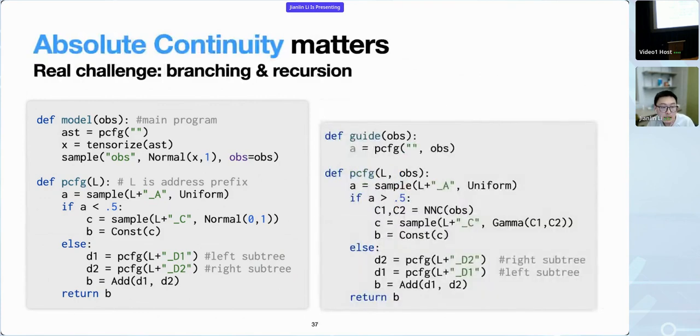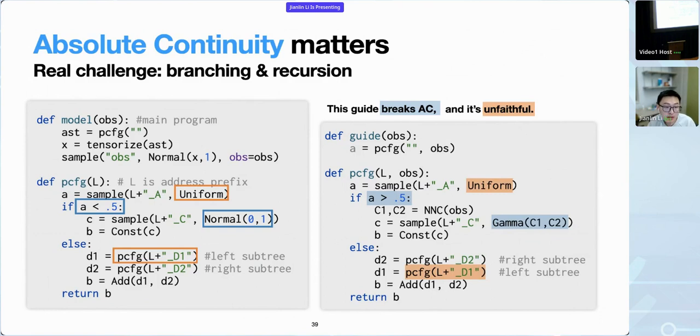For example, this is an unsound guide on the right-hand side. It is unsound for two reasons. First, the gamma distribution has a smaller support than the normal distribution. Second, the condition of the if statement breaks AC. The model and guide programs enter different branches of this if statement for the same value of A. Thus, these two programs are defined on incompatible sets of traces.